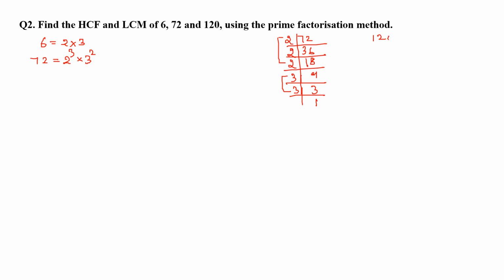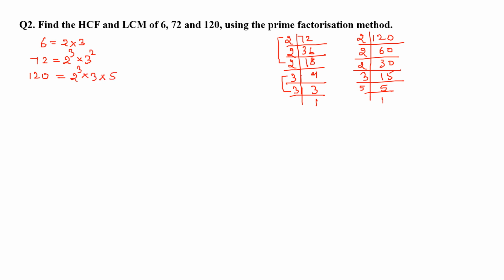Next, I will do the factorization of 120. So 2 times 60, 2 times 30, then 2 times 15, 3 times 5, and 5 times 1. So 120 I can write it as 2 cube into 3 into 5.